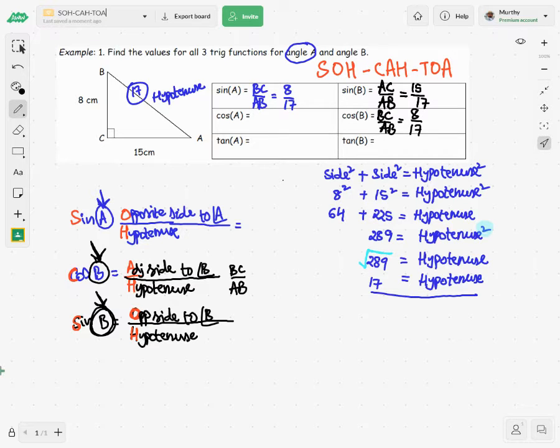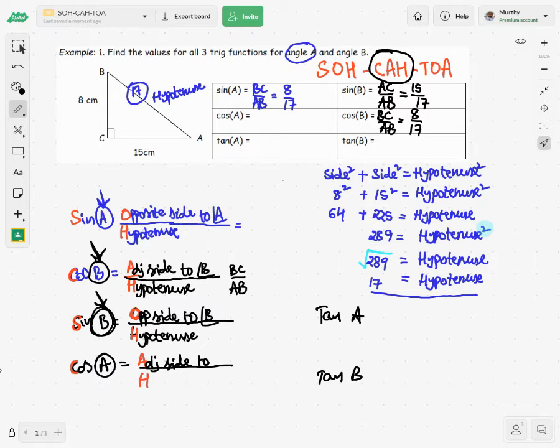Okay. You want me to find the other values like sine A, CAH. You know what CAH stands for. C stands for cos, A stands for adjacent, H stands for hypotenuse. So let's elaborate. It is adjacent side to angle A over hypotenuse.